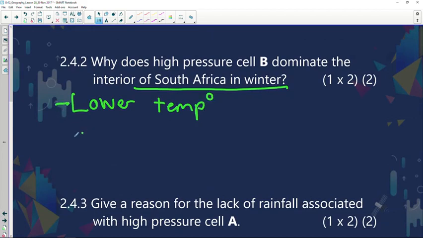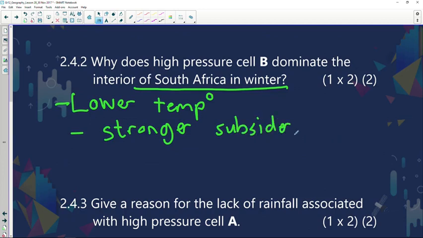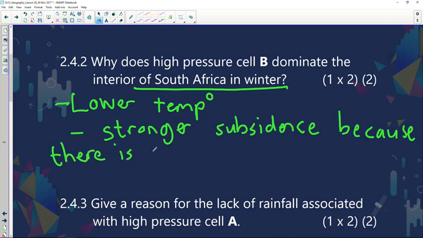And there's a stronger subsidence taking place in the system because there's less heating.